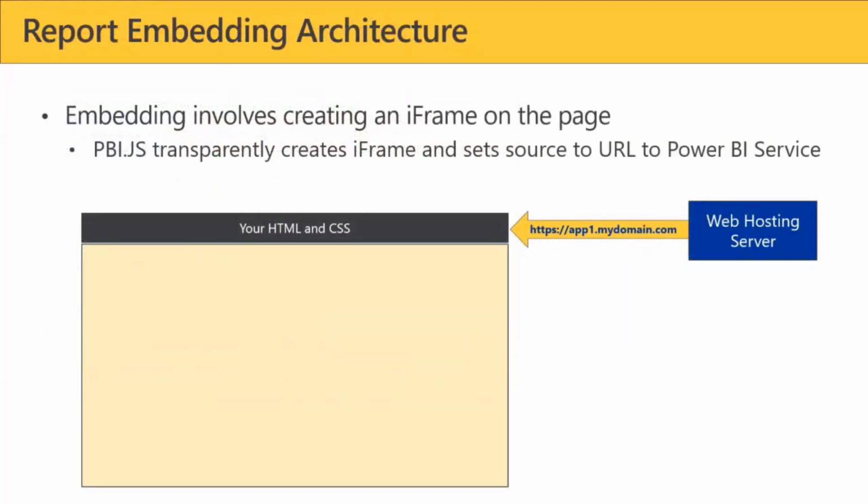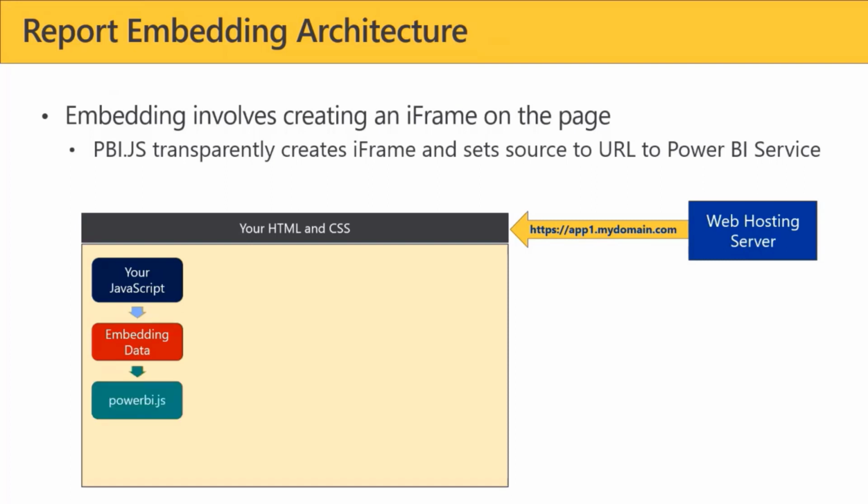Now, one more big architectural understanding that you need is why we have asynchronous methods. The way things work is that your custom app runs in some internet domain, app1.mydomain.com. Your page starts running JavaScript. You have your embedding data, and you call powerbi.js. And what happens?